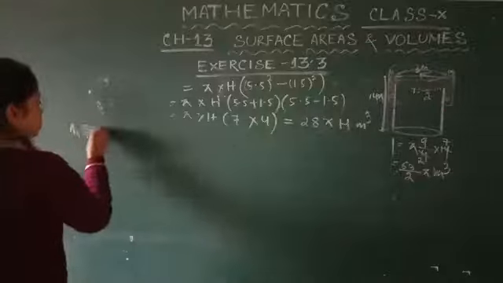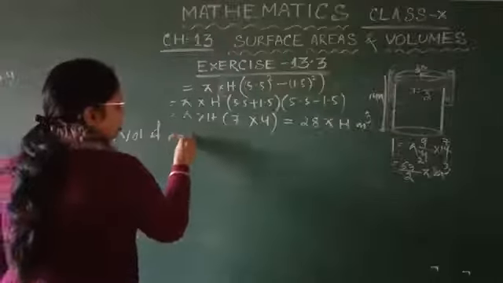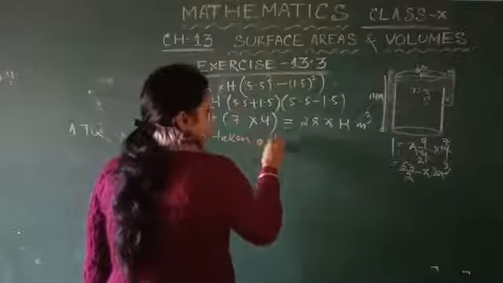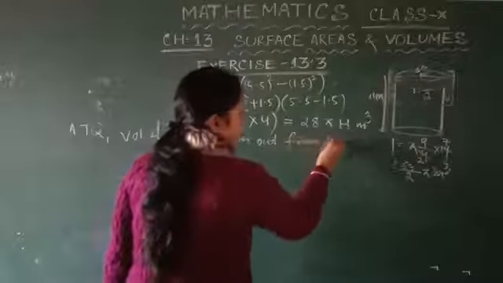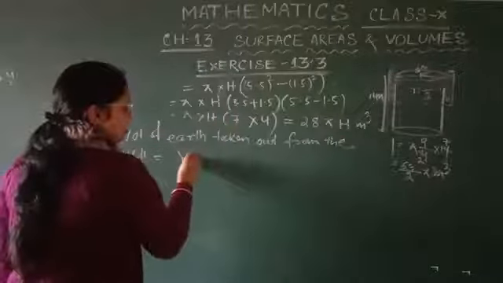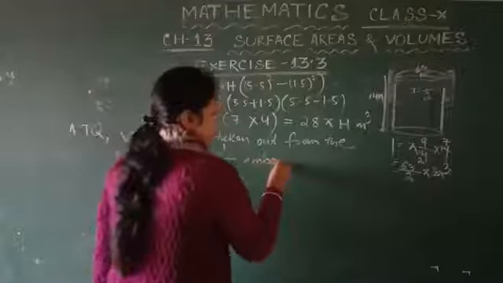According to the question, volume of earth taken out from the well is equal to volume of embankment.